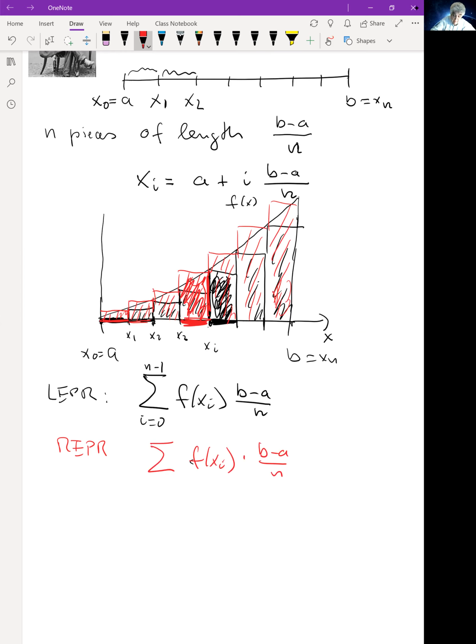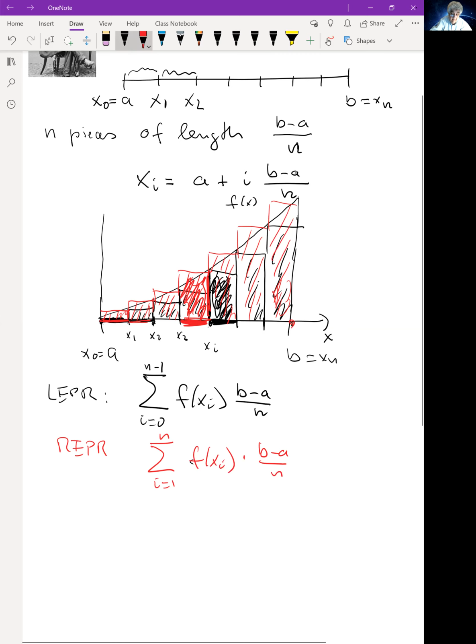And my first one, the height is at x1, so I start from 1. And the last one is at b, which is xn. So the left endpoint rule and the right endpoint rule are basically the same, except in the left endpoint rule you sum up all the heights between 0 and n minus 1. In the right endpoint rule, you sum up all the heights between 1 and n.